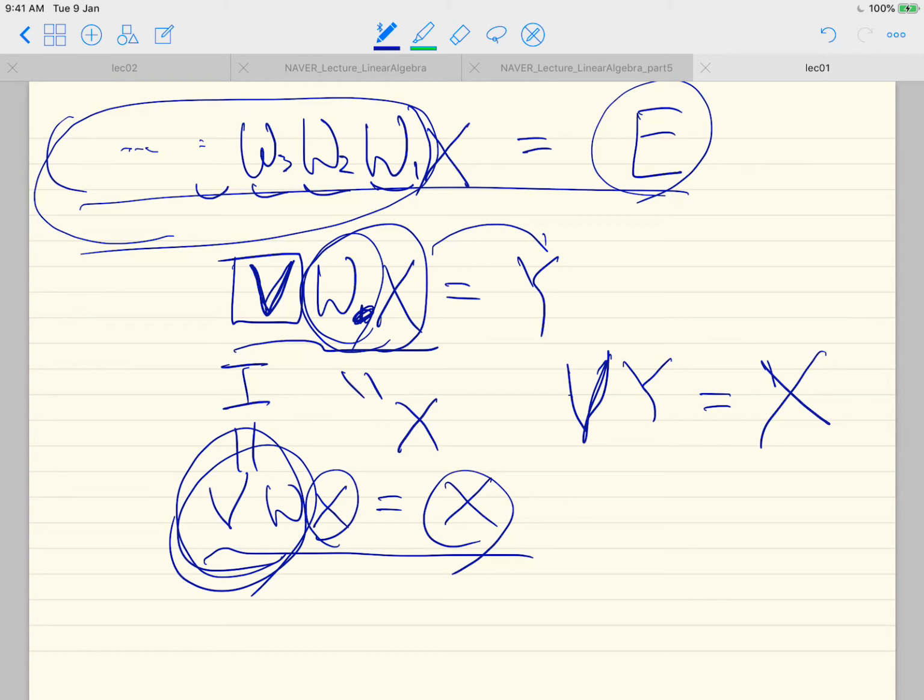Okay. Our initial W was a square matrix, and for the square matrix, if we can find some matrix V that will produce the identity matrix, then this V is the inverse matrix of W.